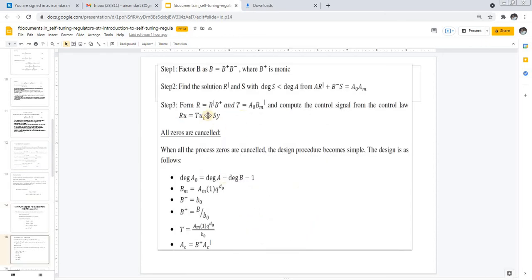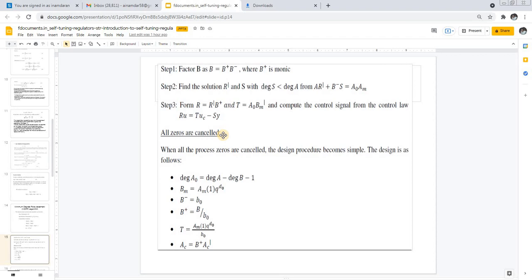From R and T we compute the control signal from the control law, that is Ru equals Tuc minus Sy.